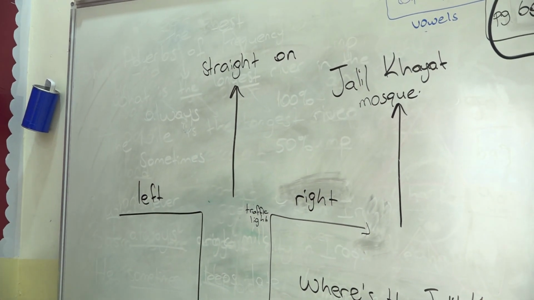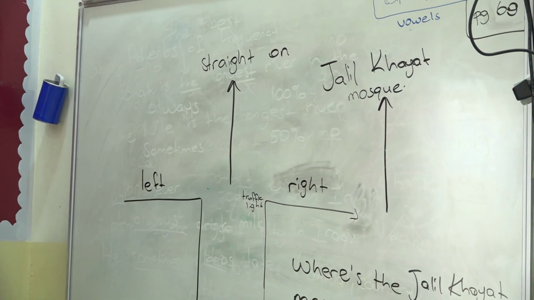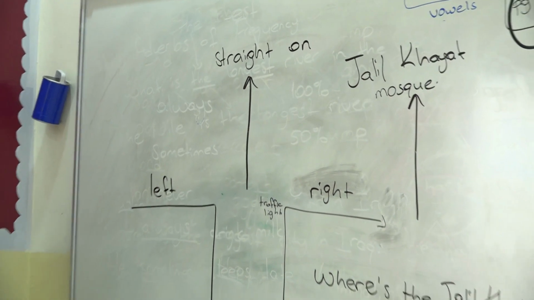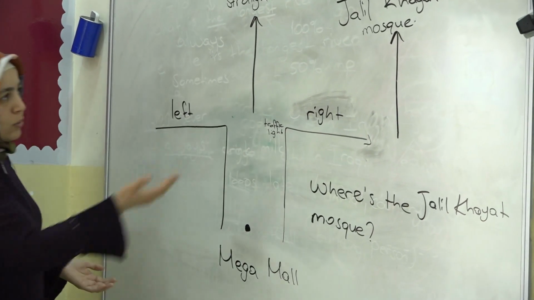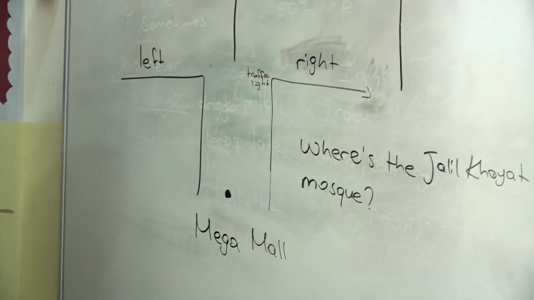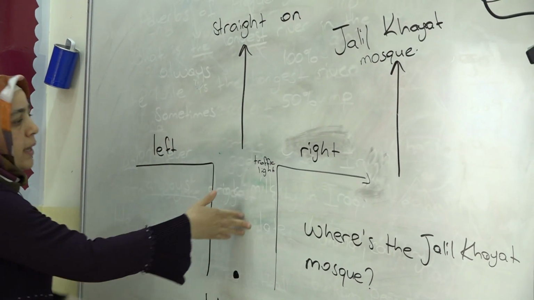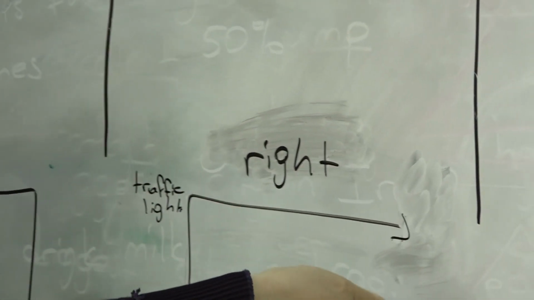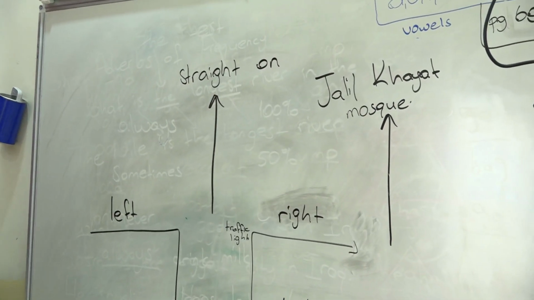If you want to ask anyone to describe or tell you how to go somewhere, you say, can you tell me the way to, for example, Jalil Hayat Mosque? Here we have Mega Mall, and someone says to you, go straight on past Mega Mall and then turn right from the traffic light and then again go straight on and you will see Jalil Hayat Mosque there.